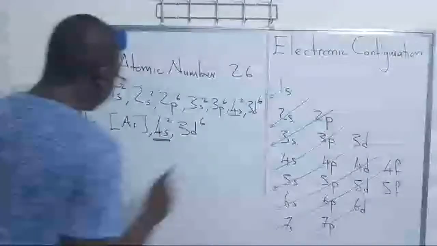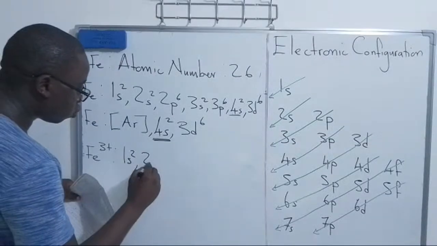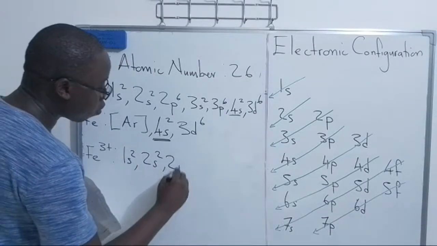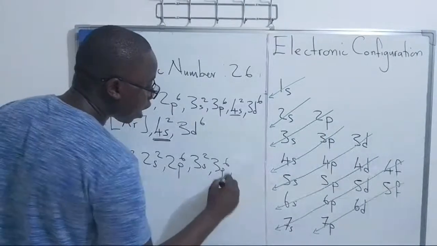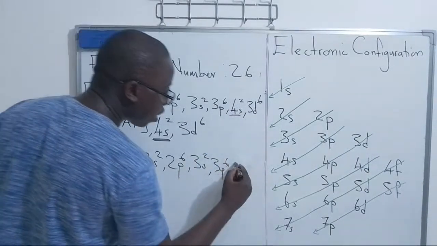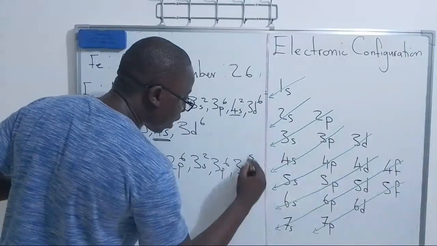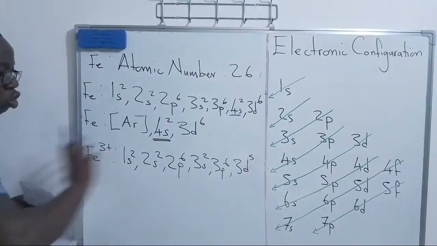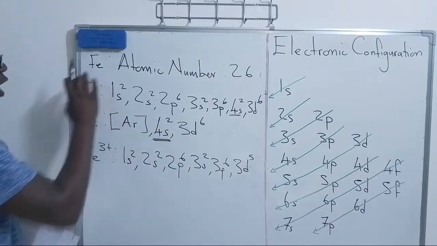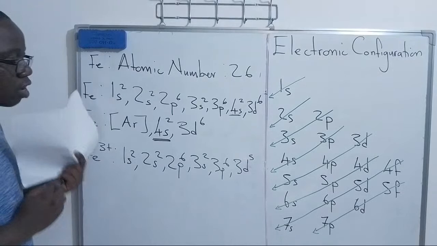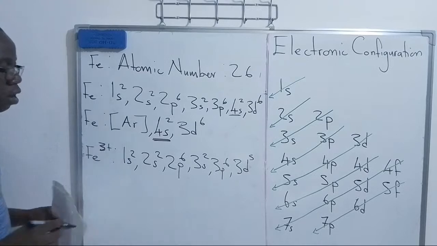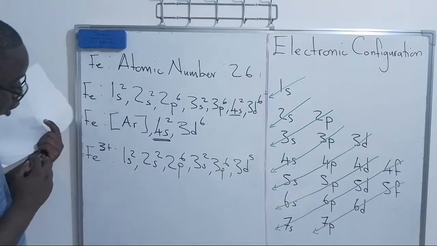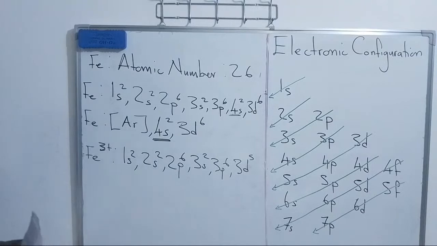So we'll say it will be 1s2, 2s2, 2p6, 3s2, 3p6, and then the 3d will be reduced by 1, to 3d5. So that the total number of electrons compared to the atom and the ion has a difference of 3. So this is the electronic configuration of iron 3+.